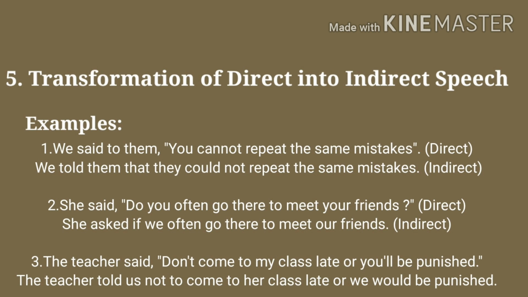The teacher told us not to come to her class late or we would be punished. These are some examples of direct into indirect speech. These are all the forms of transformation. I hope you have understood the topic.